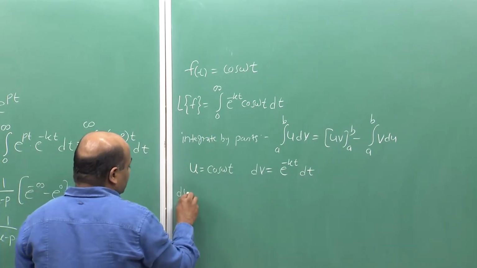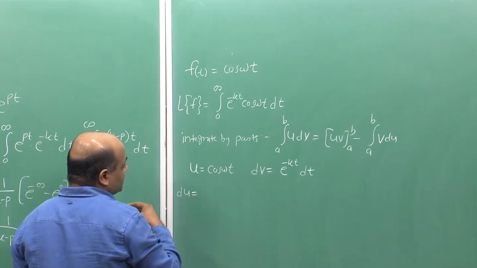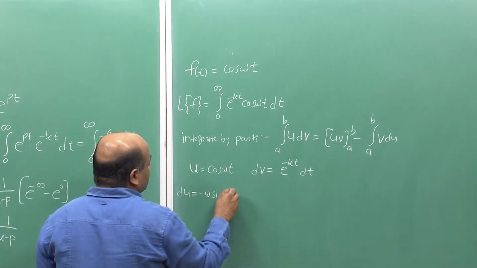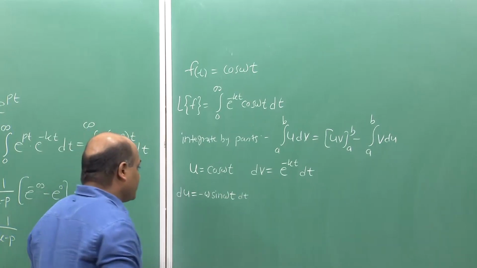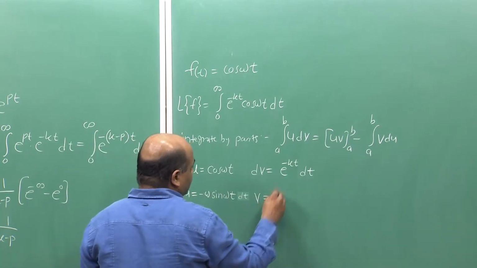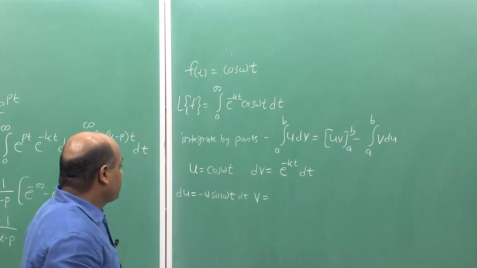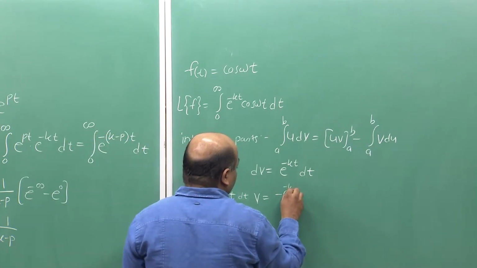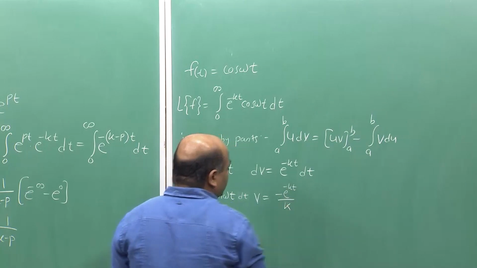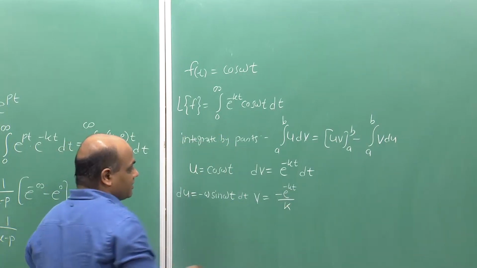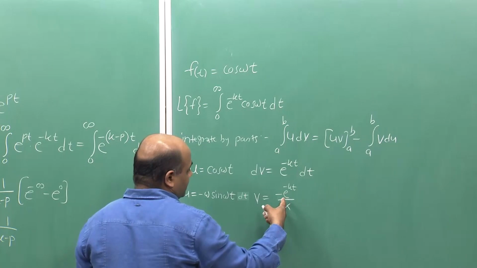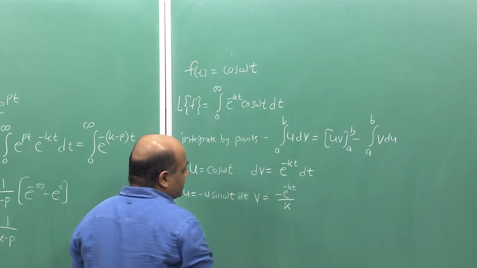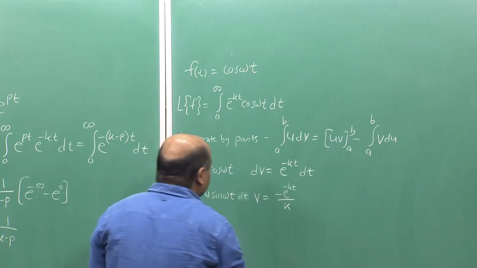Obviously, du is minus omega sin omega t and v in this case will become minus e to power minus k t by k. If you take the derivative of this, it will be minus k e to power minus k t divided by minus k, so it will get back this one.